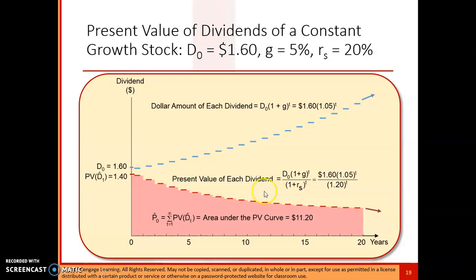Truthfully, the vast majority of the value is in the next 15, 20 years. So anyway, that's the area under here. It's the sum of the present values of all those future dividends, and we're going to show how that $11.20 is calculated on the next slide.